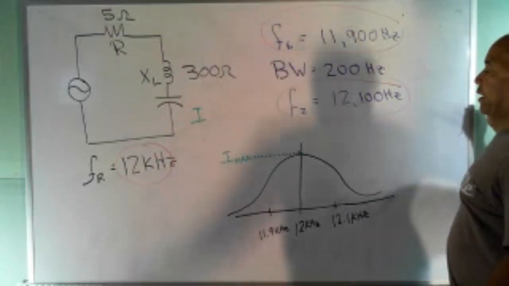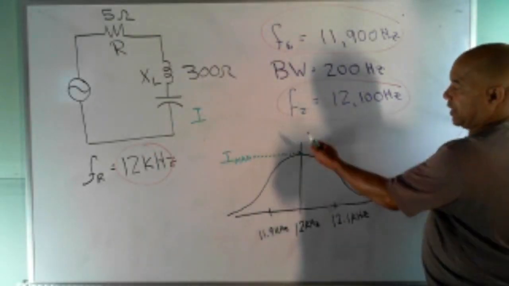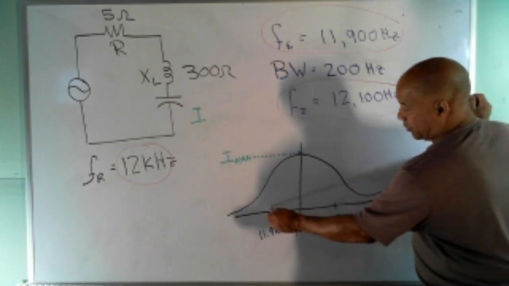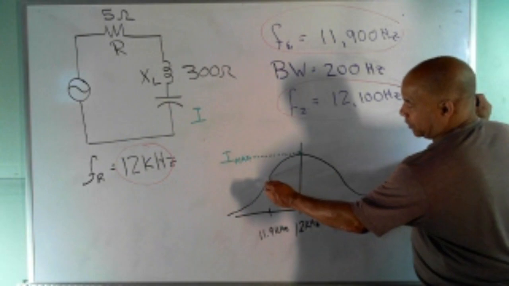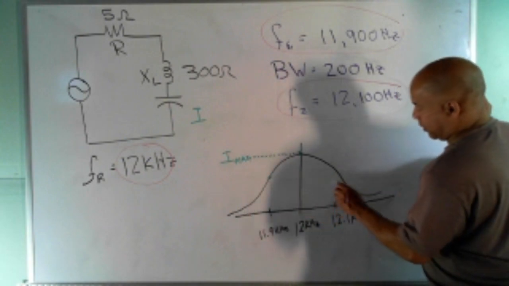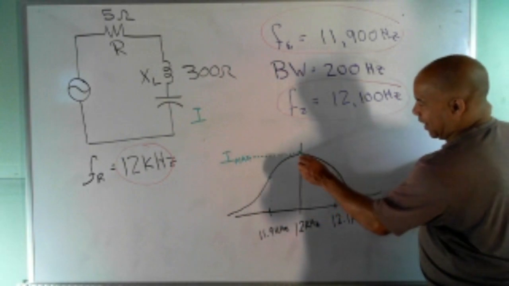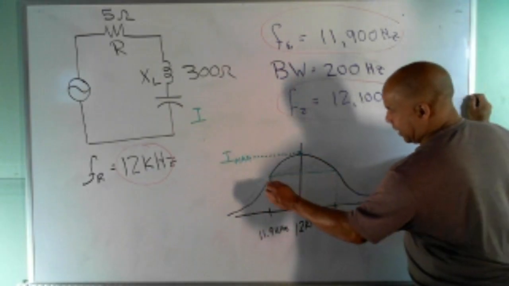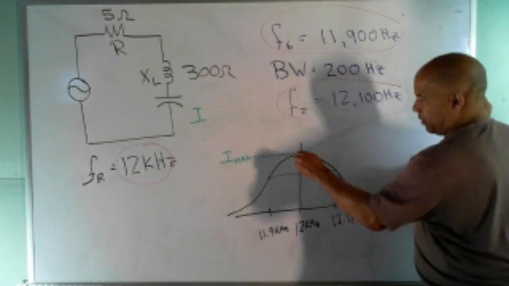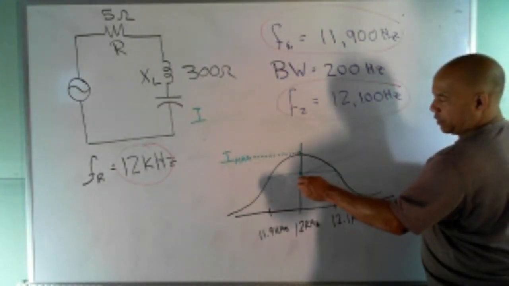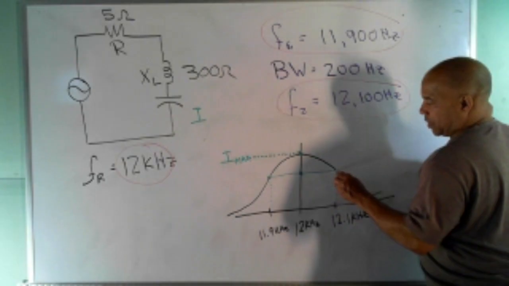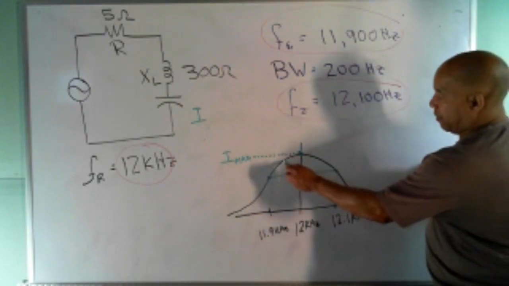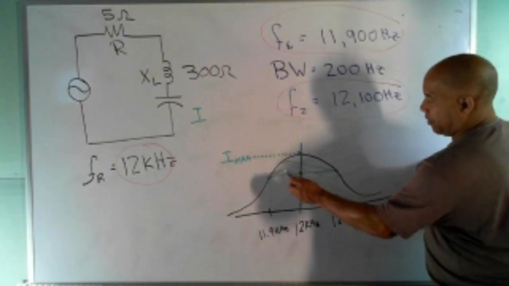They didn't give us the voltage, but it seemed like they would have to for that point. But we know what it is. And then the other important points are, of course, these two, because they tell us where our half power points are. If we knew Imax, we could take 0.707 of that and go over there. So then we've got our half power points. So we've got the maximum current, our half power points, our corner frequencies, our cutoff frequencies, and that's pretty much it. Then this right here, of course, defines the bandwidth.